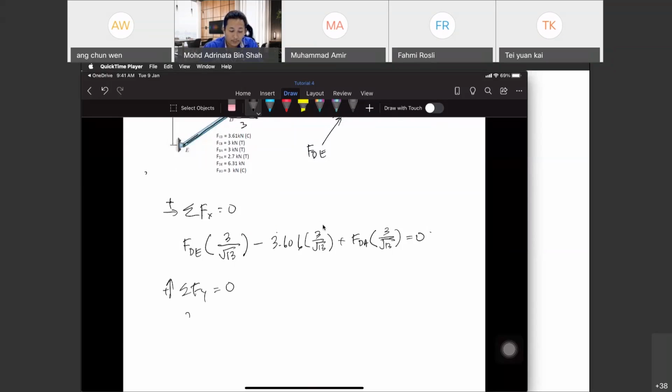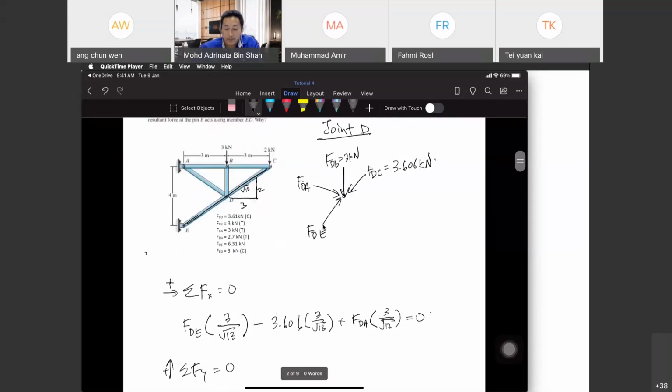And we have FDE times 2 over square root 13 minus FDA 2 over square root 13 minus 3.606 times 2 over square root 13 minus 2 equals to 0.